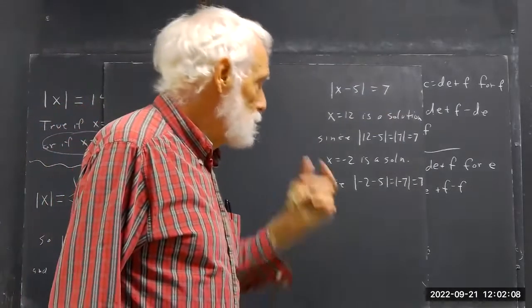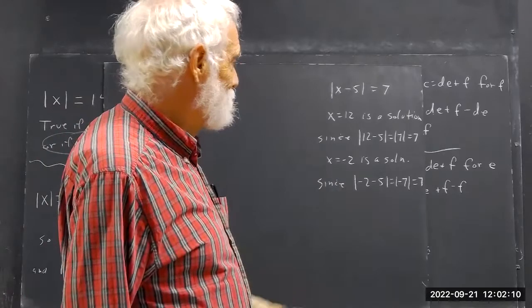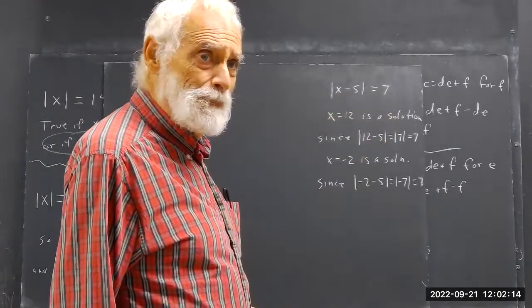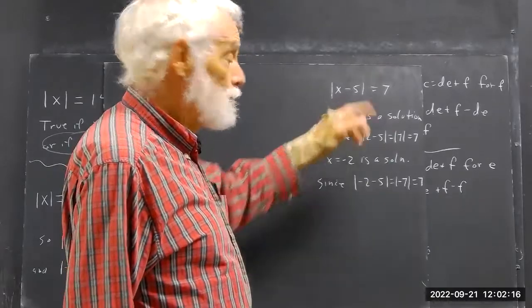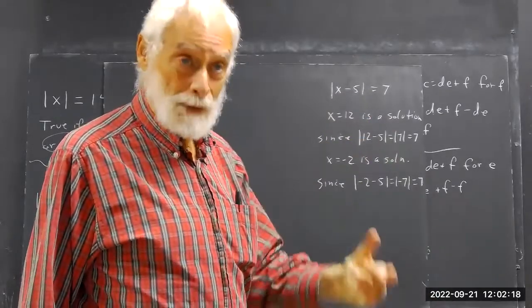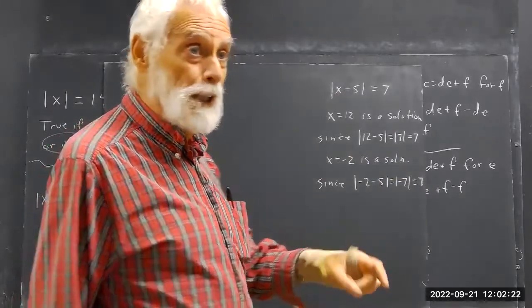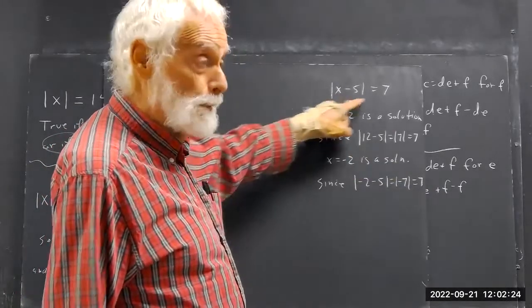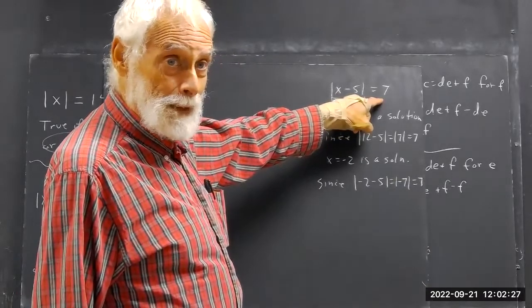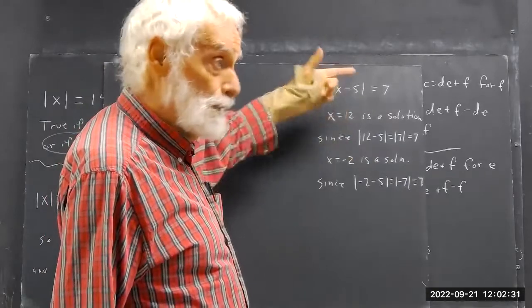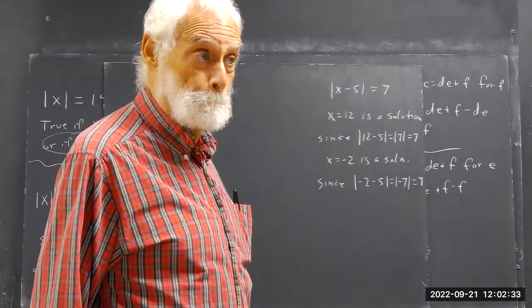And the insight would be that, well, if the absolute value of x minus 5 equals 7, then x minus 5 is going to have to be 7 or negative 7. You got to get a 7 or negative 7 in here to make it right. Now, once you see, well, I've got to get 7, well, 12 minus 5 is 7. You get that pretty quickly, right?